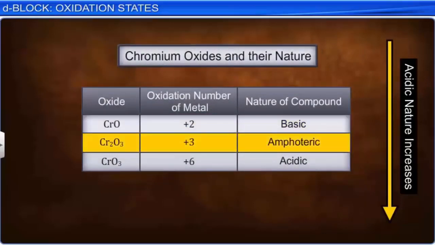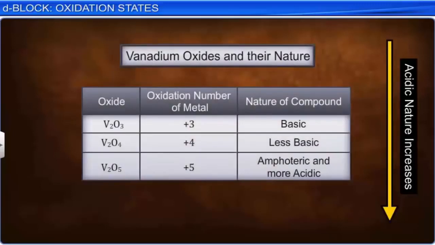A gradual change in nature of the oxides from basic to amphoteric can be clearly seen in vanadium. Vanadium 3 oxide is basic, while vanadium 4 oxide is less basic. On the other hand, vanadium 5 oxide is amphoteric with more acidic properties.